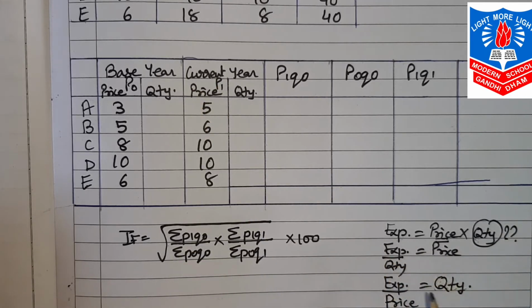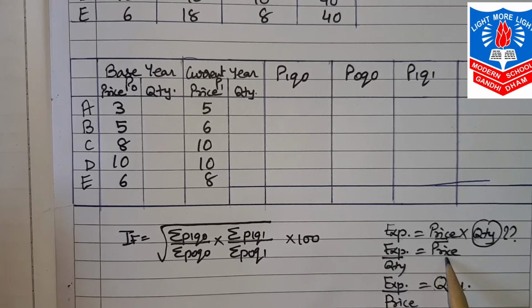Now here, price is missing. Since quantity is in multiplication, if you take it to the other side, it will be in the denominator. So if we want to know the price, then total expenditure divided by quantity gives price.